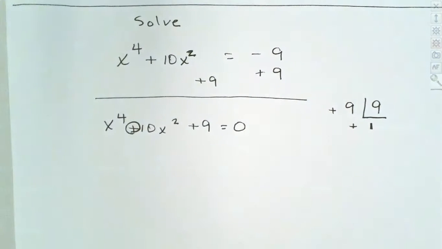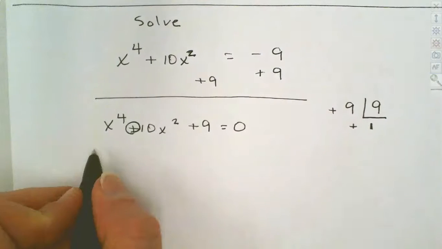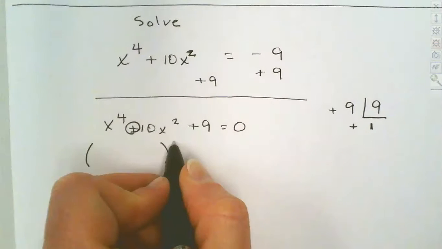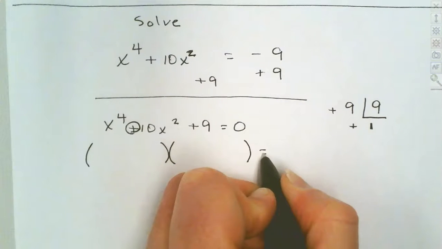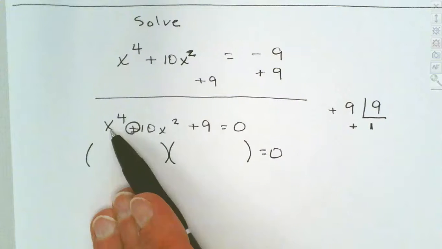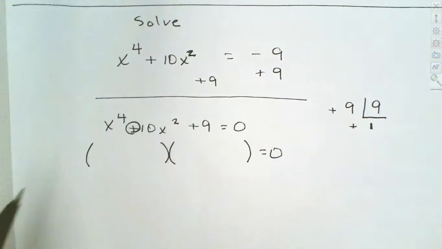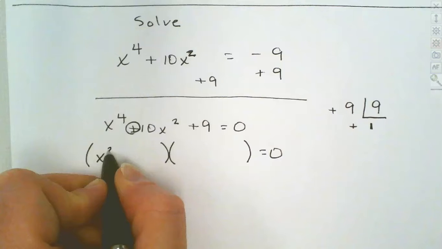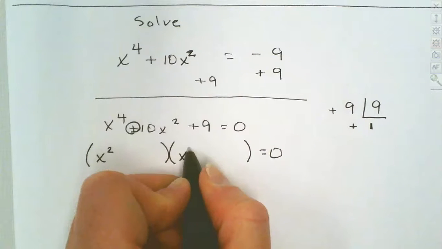Now, the only difference between this and all the others that we've done is when we go to break it down, instead of it being an x and x, this x to the fourth breaks up into x squared and x squared.